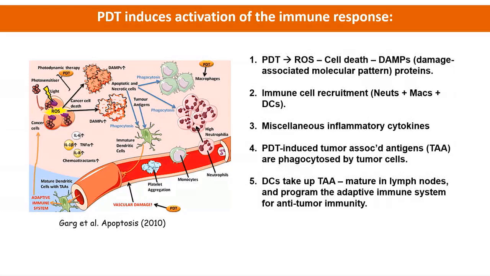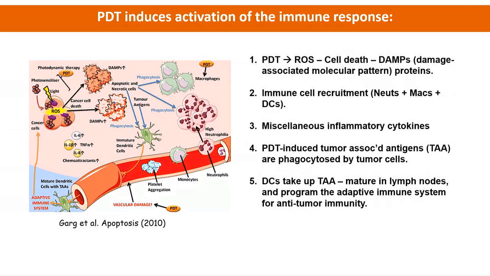This will then stimulate the recruitment of neutrophils and macrophages, which is the first early phase of the immune system, and dendritic cells. And then through the work of cytokines and how antigens are processed by these macrophage-like cells, they're taken up into lymphocytes, and you get a more long-term immune response.